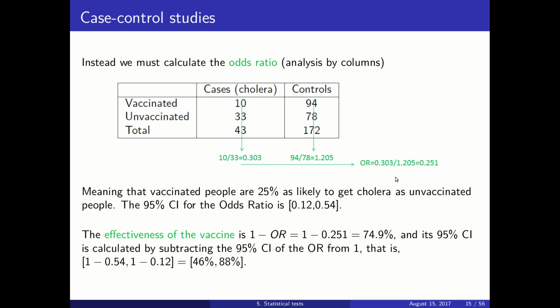So if there is no relationship between the vaccine and the disease, then this odds ratio should be around 1. And the 95% confidence interval for this odds ratio, there are some formulas to calculate that we will not see, is somewhere between 0.12 and 0.54.